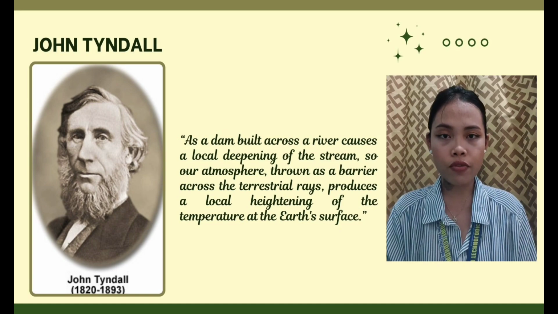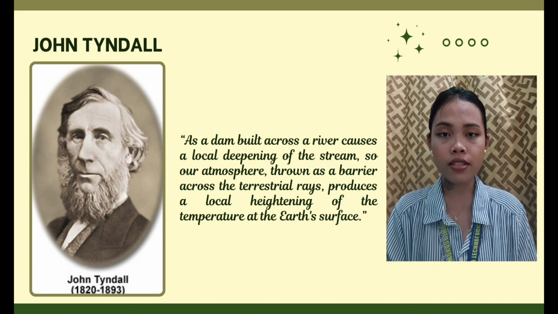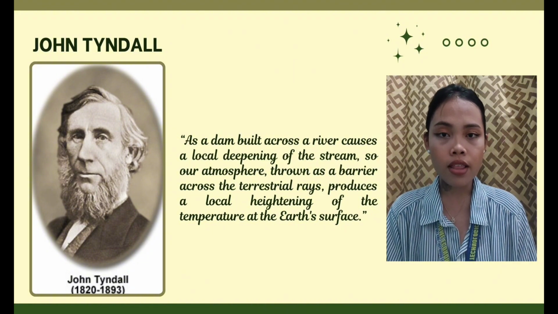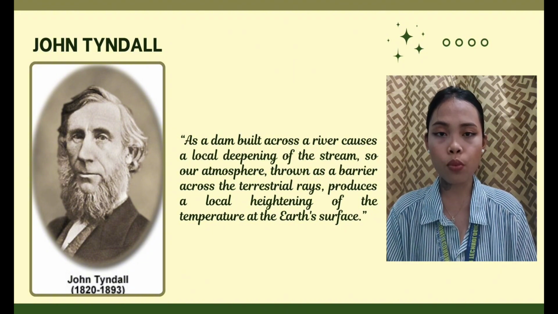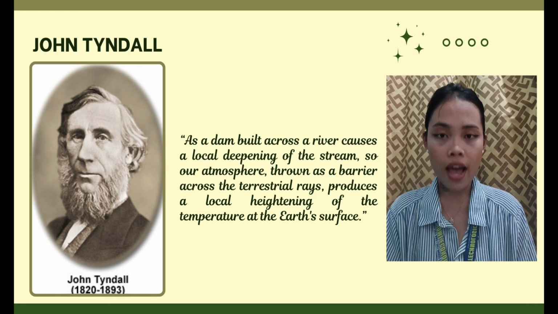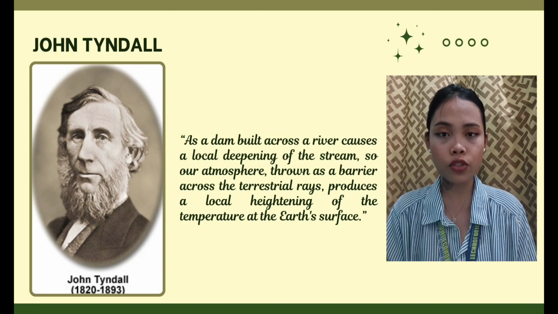This compares the atmosphere to a dam across a river. Just like a dam makes the water behind it deeper, the atmosphere traps heat from the Earth, making the surface warmer. The atmosphere acts as a barrier, holding in heat and raising the temperature near the ground, similar to how a dam changes the flow and depth of a river.